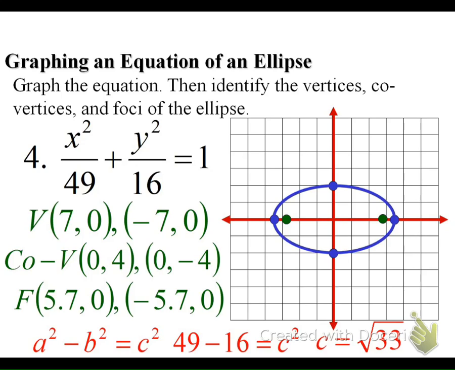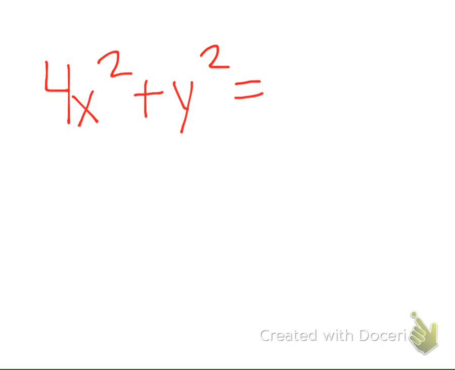All right, before we do the equation examples, I just want to show you a little something extra on the board. So there are some problems in your homework that will look like this. Now, in both of our standard forms, what did it have to be equal to? 1. This is not equal to 1. How could I turn this into a 1?